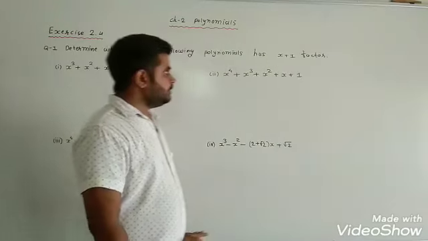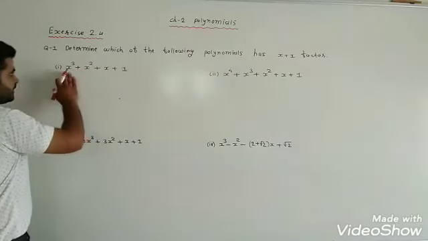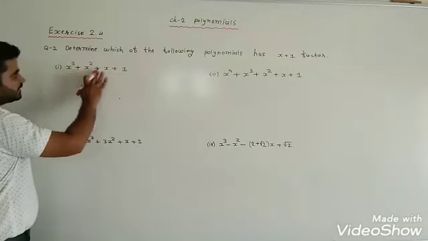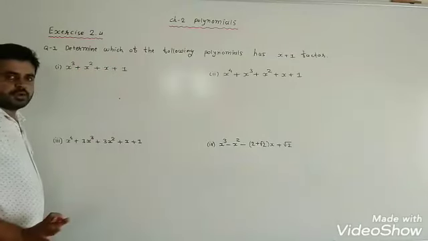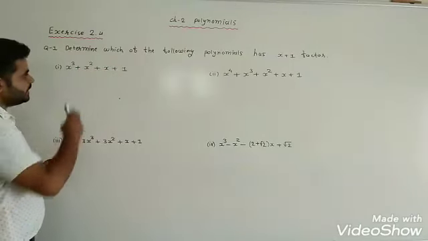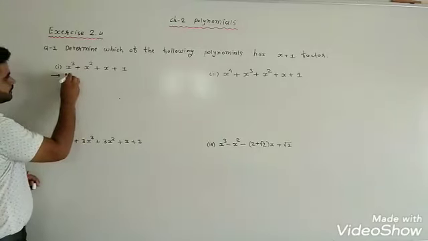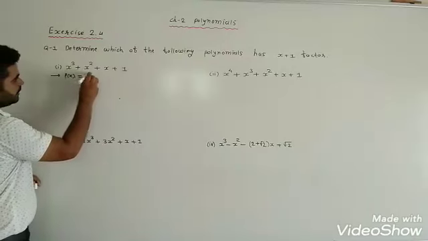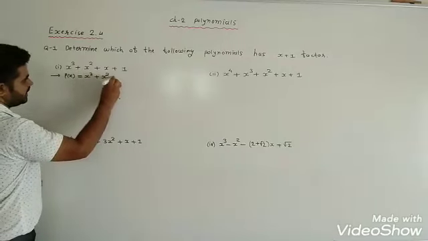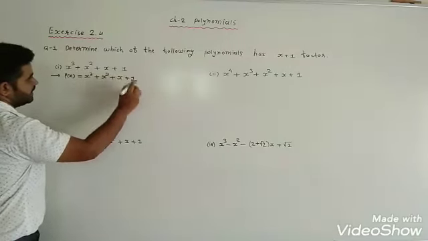Here the first polynomial is x cube plus x square plus x plus 1. So p of x is equal to x cube plus x square plus x plus 1.